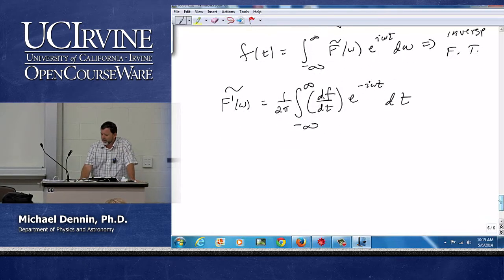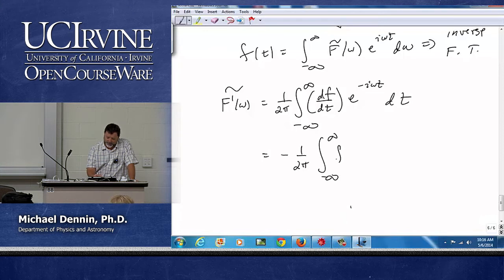So if I'm going to integrate by parts, remember I get a term that's on the boundary, but by definition our functions are 0 at plus or minus infinity. I get a negative sign for integrating by parts. I keep my 1 over 2 pi. I have my integral from minus infinity to infinity of f d by dt of e to the minus i omega t dt. So keep in mind that this comes from the by parts.